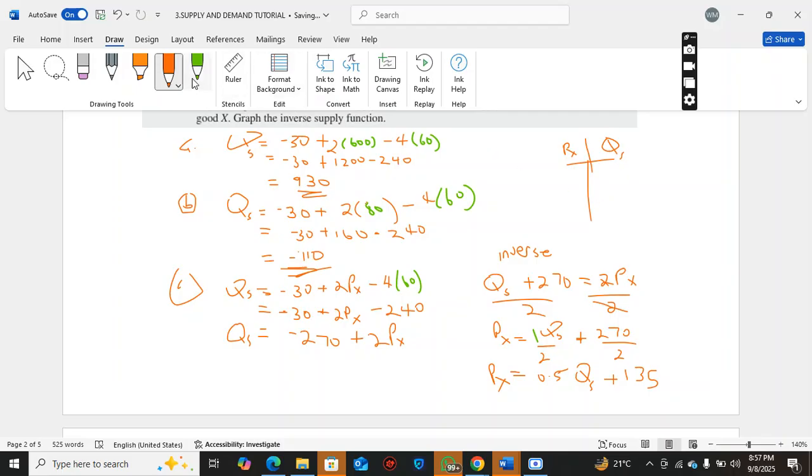If Qs equals 0, Px equals 135. If Qs equals 10, you just substitute 10 into this function. 10 times 0.5, that is 5. 5 plus 135, that is 140. And then you'll be able to graph.